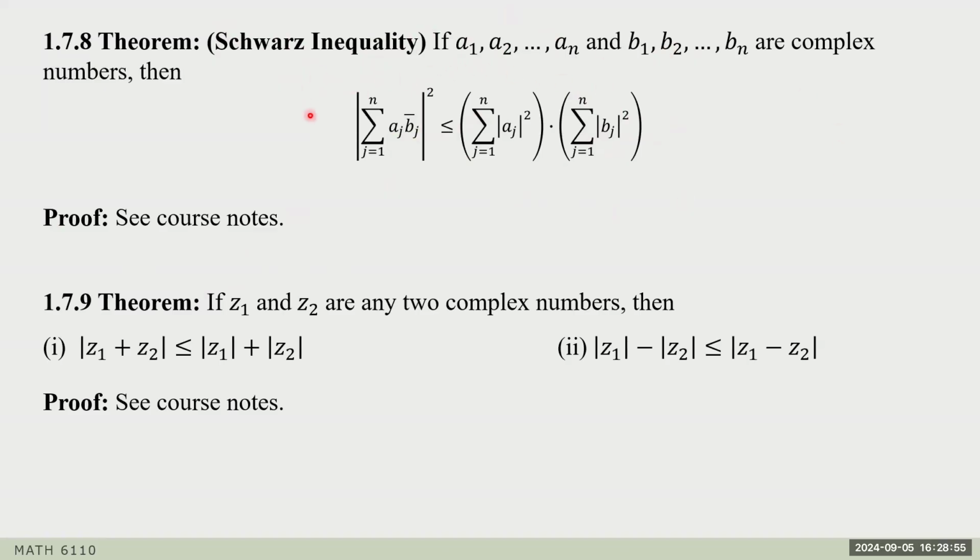Because this inequality is for complex numbers, but real numbers could be identified as complex numbers. So the inequality should work for real numbers as well. And in the real number case, of course, the B's, when you take the conjugate, if the B's are now real numbers, then the conjugate just goes away. It doesn't matter. Okay, so that's the form. We'll see it then later on.